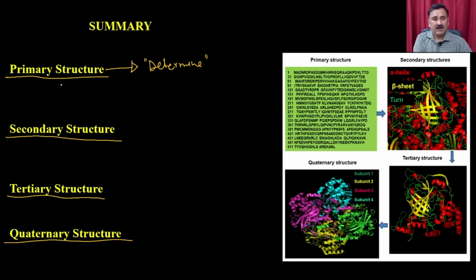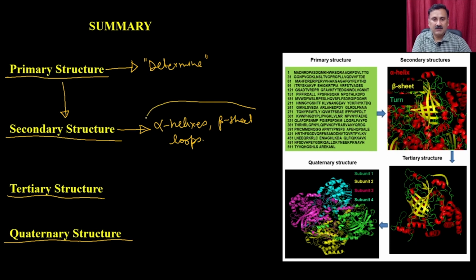Now, once you have determined the primary structures, you can understand the secondary structures, because the primary structures are what direct how the protein is going to fold, and that's how it gives you the secondary structures. Within the secondary structure, we discussed the alpha helices, beta sheets, and loops.